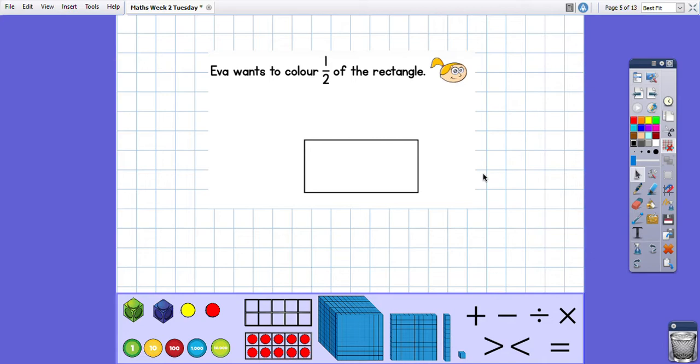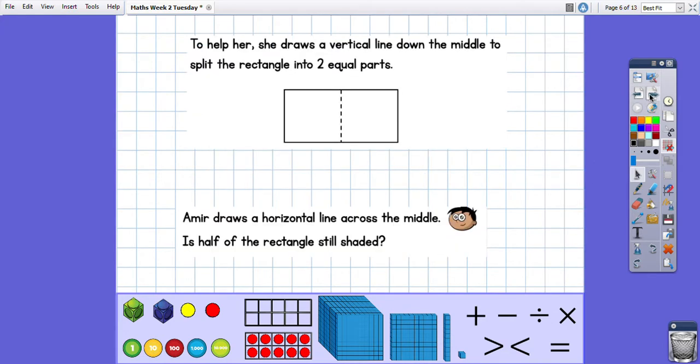Eva wants to colour half of this rectangle. So to help her, she draws this vertical line down the middle and splits it into 2 equal parts. And to shade half, she just needs to shade in one of these sections. Oh, I've gone a little bit over there.